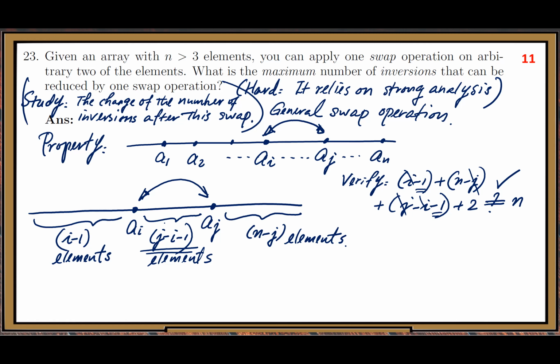What are those inversions that could change? Let me label segment 1, segment 2, segment 3.